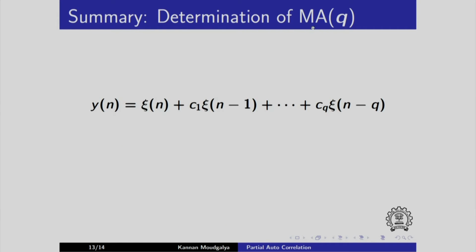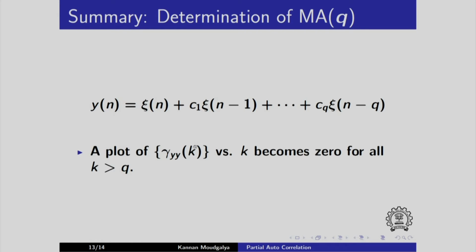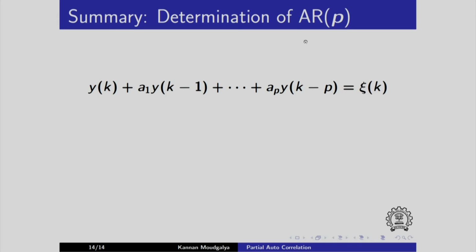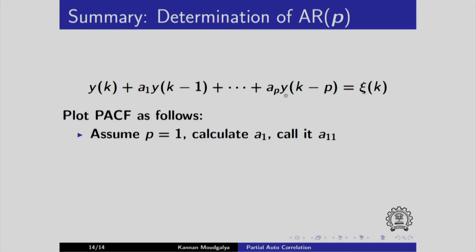To summarize, first the MA process, which we saw in the previous video: we plotted ACF, and a plot of this ACF versus k becomes 0 for all k greater than this q. This was known as the ACF plot. For an AR process, we start with a process of this type with P unknowns A1 through AP, and the procedure is given here.